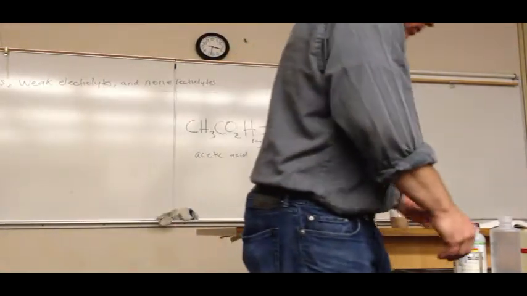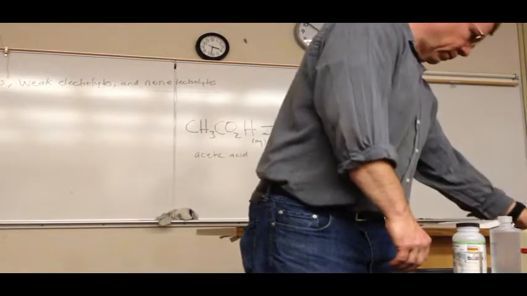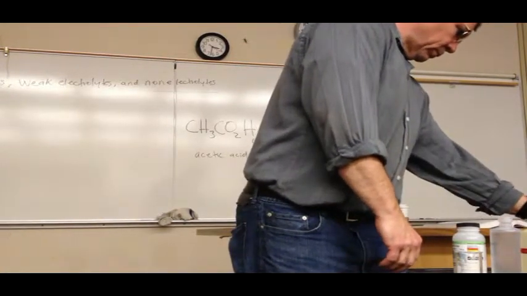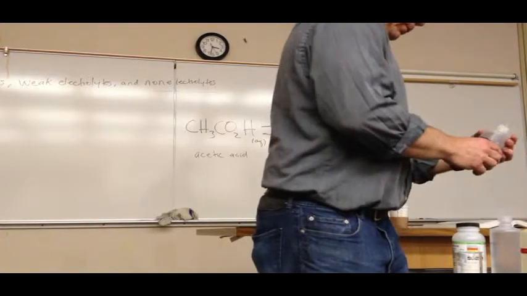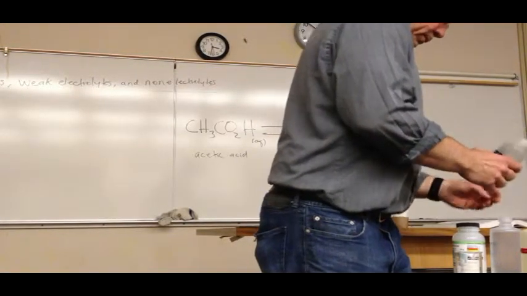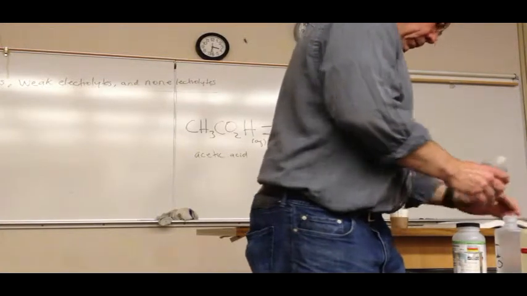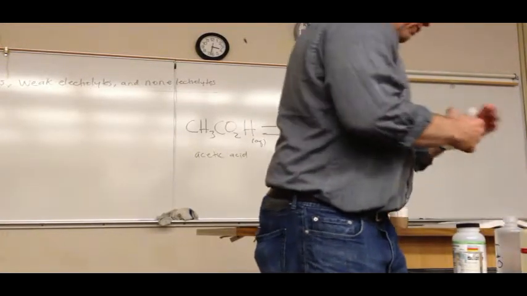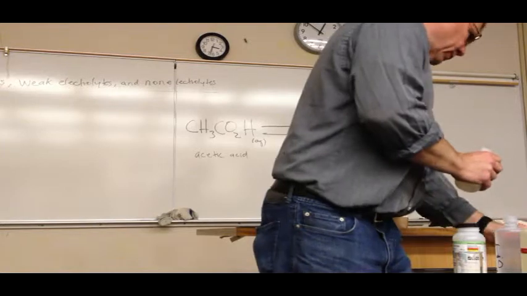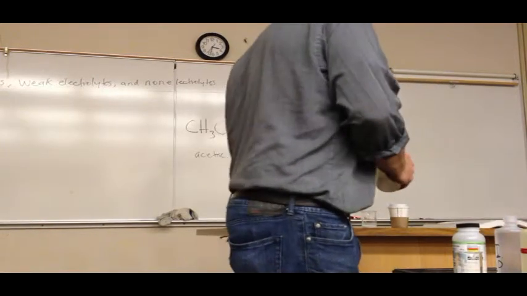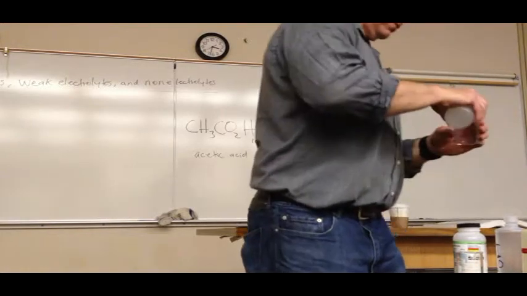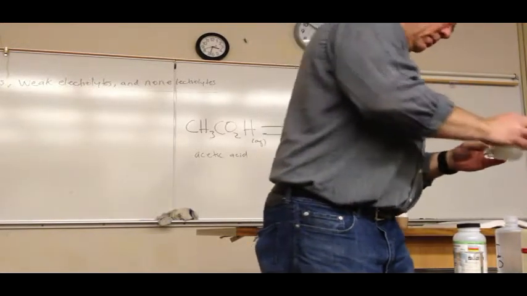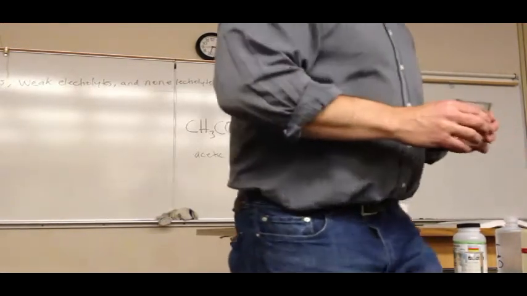But up to now, I've always used just one arrow pointing that way. Now I'm using 2 arrows. What the 2 arrows show you is that you can think about this as going both ways. A molecule of acetic acid dissociates, but then the hydrogen ion and the acetate ion can also recombine to reform the acetic acid molecule. This is going on constantly in that solution, but it's at equilibrium.